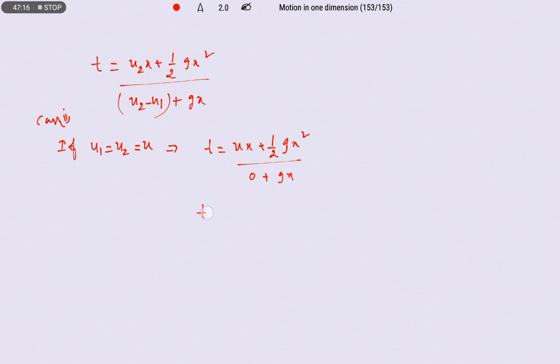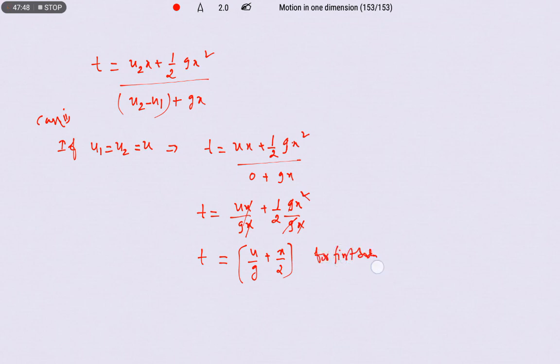Let us separate this. t is equal to ux by gx plus half gx square by gx. So g gets cancelled, x gets cancelled, and here x gets cancelled. Therefore what we are going to get is t is equal to u by g plus x by 2. This is for the first body.